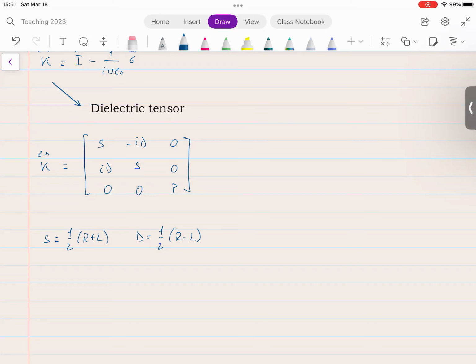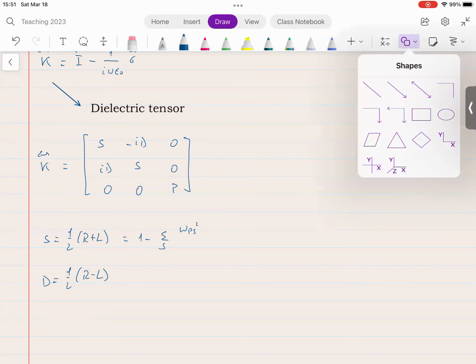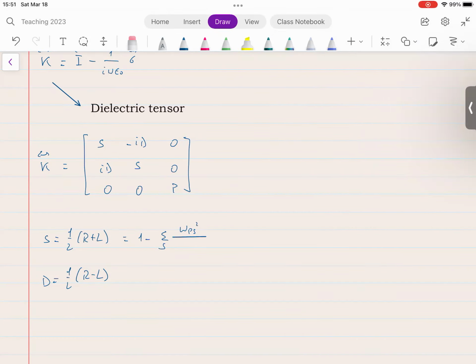In fact, maybe actually smarter to write it this way. Sorry about that. D is 1/2 of R minus L, or 1 minus the sum over s of omega_p,s squared. Omega p is omega plasma. I'm hoping and assuming that you will not get confused by symbols. If you do, well, go back to the previous lectures and find them, and good hunting.